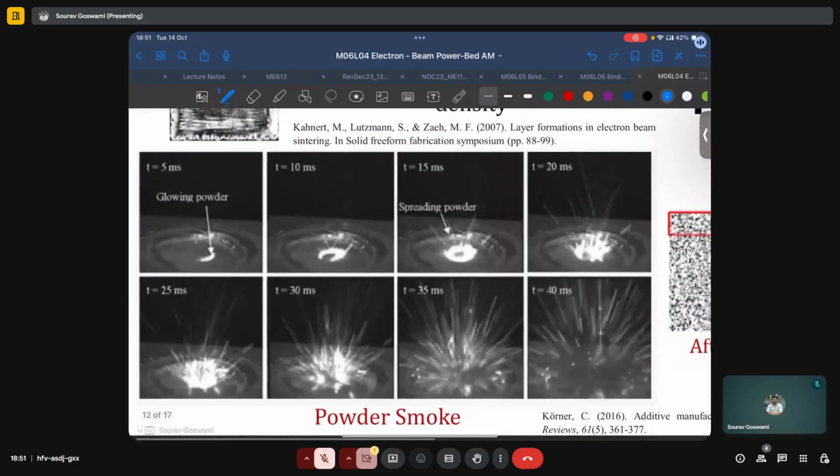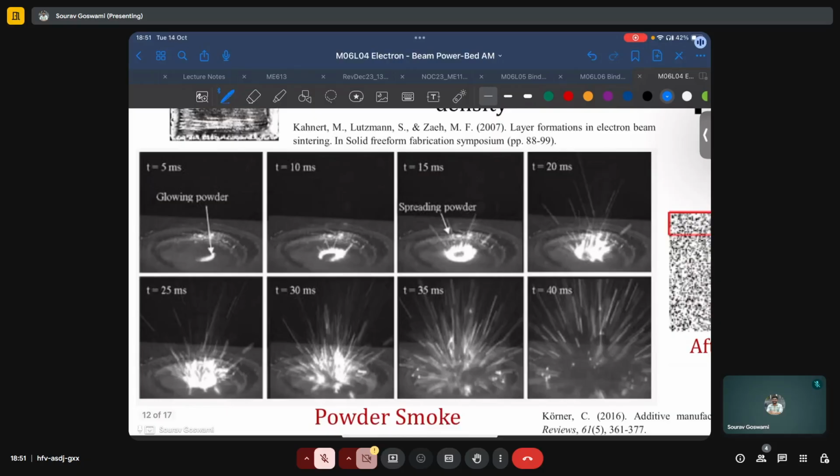However, the most commonly encountered or most debilitating challenge associated with electron beam melting is that of powder smoking. And it is illustrated in this series of images here, which are taken 5 milliseconds apart.